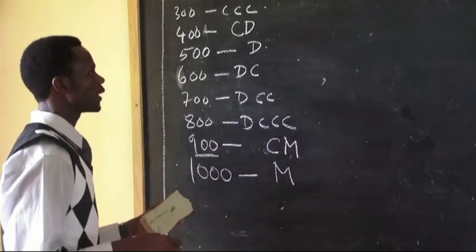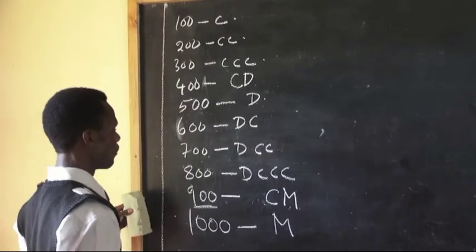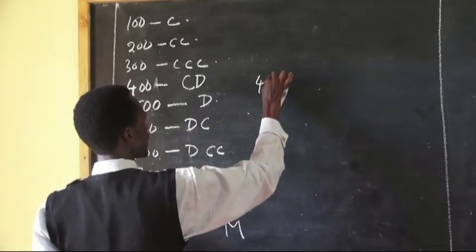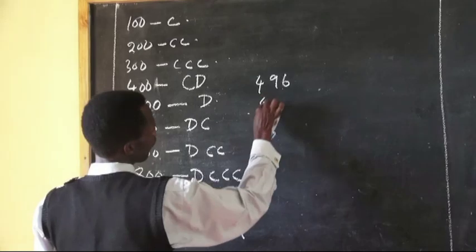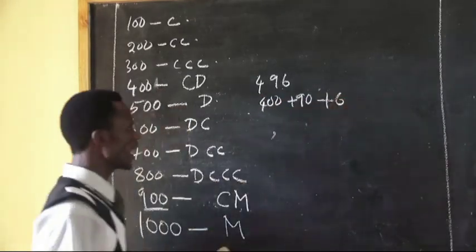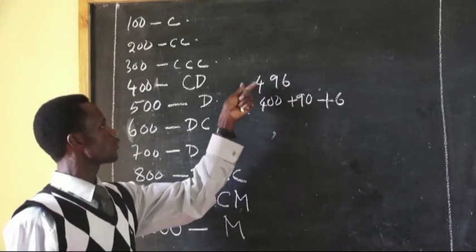Now, for example, maybe you've been told to write a number in terms of Roman numerals. Let's say it is 496. So you have 400, you have 90, and you have 6. You write the Roman numeral according to how you pronounce the number.